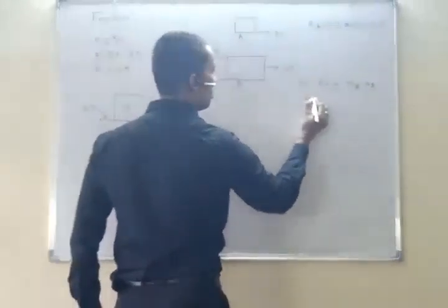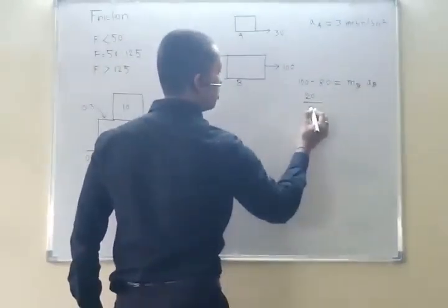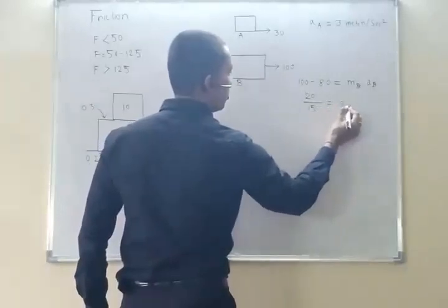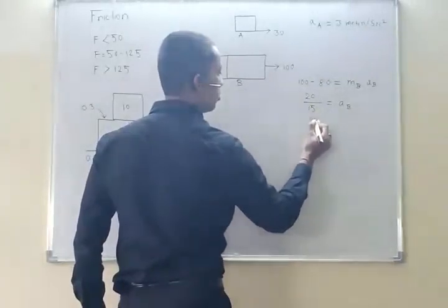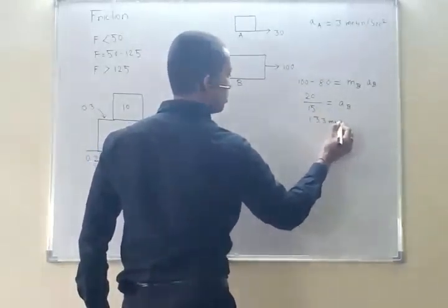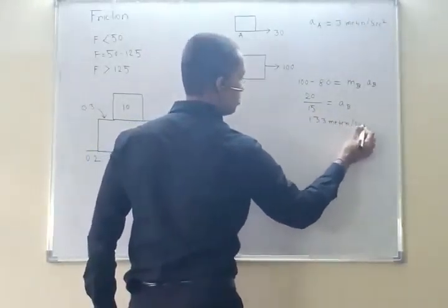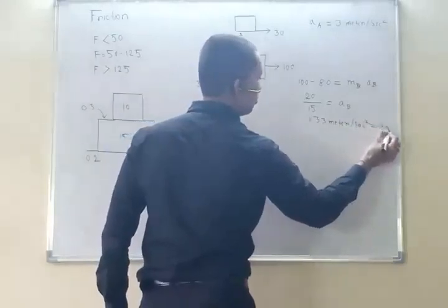So 80 divided by mass of B, 15, is equal to A of B. That is 16 by 3, that is 5.33 meter per second square equal to A of B.